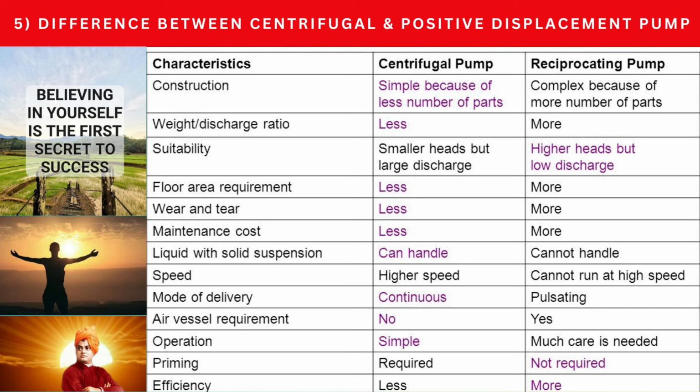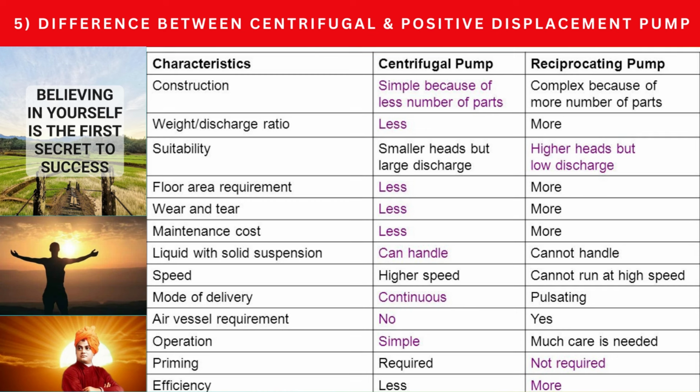Let's know about the difference between centrifugal and positive displacement pump. First, construction of a centrifugal pump is simple because of fewer parts, whereas construction of a reciprocating pump is complex because of more parts. Second, the weight-to-discharge ratio is less in a centrifugal pump, whereas it is more in a reciprocating pump.